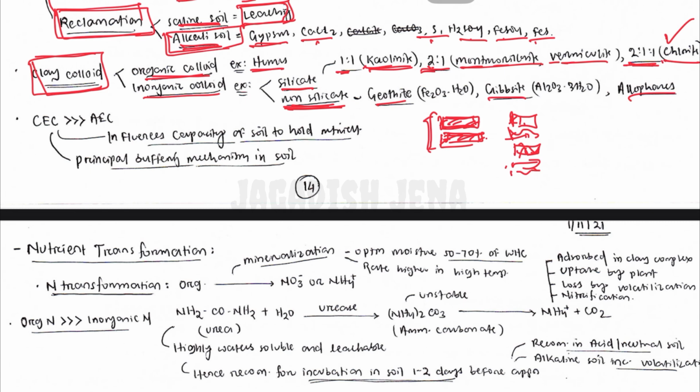CEC is much higher in extent than anion exchange capacity. CEC influences the capacity of soil to hold nutrients and is the principal buffering mechanism in soil. So CEC contributes to the buffering nature of the soil.